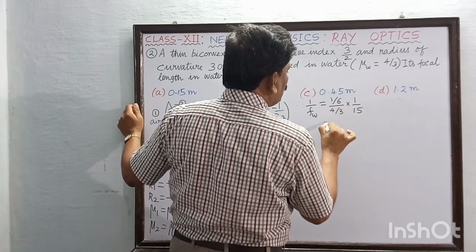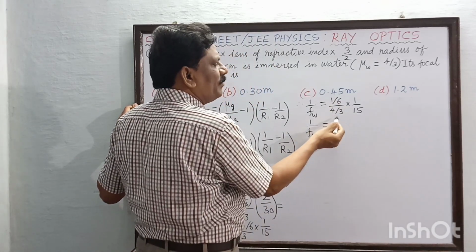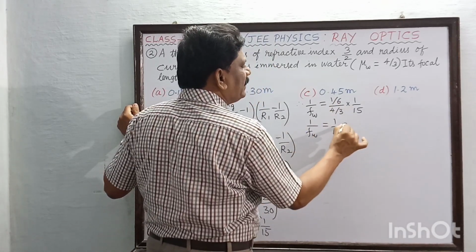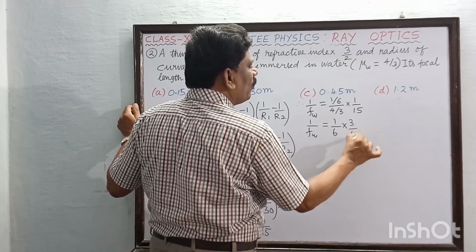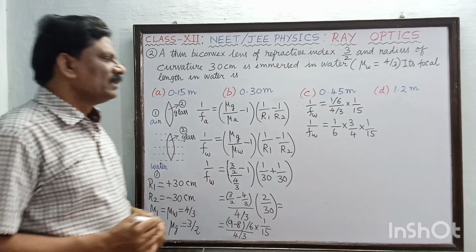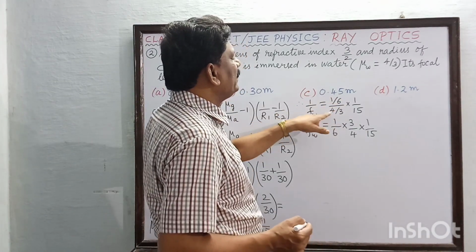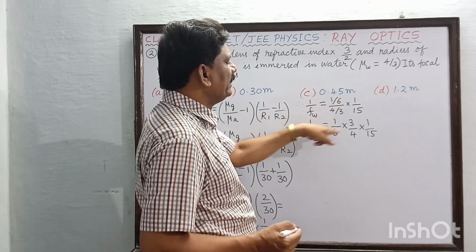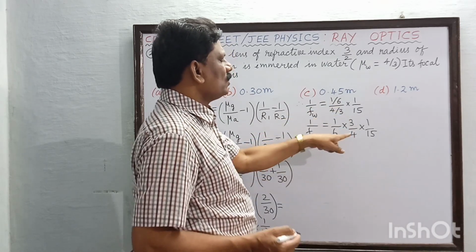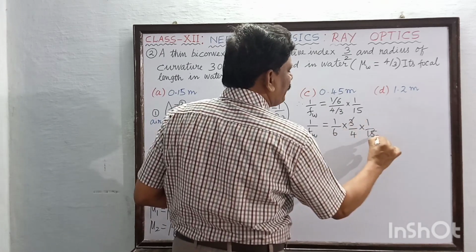So 1 by 6 divided by 4 by 3 can be written as 1 by 6 multiplied by 3 by 4, into 1 by 15. Understand? So 3 5s are 15 I can take.